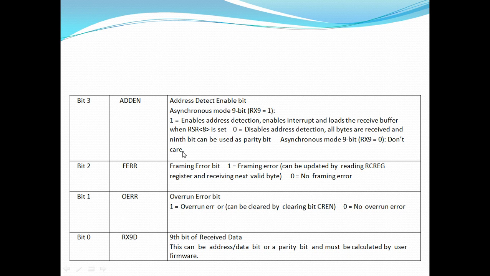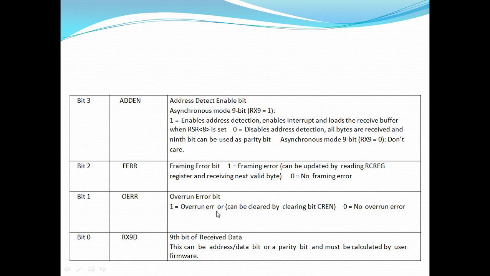Next, the framing error bit. This is used for finding errors in the data reception. If this particular bit is 1, that means a framing error is there. If this particular bit is 0, that means no framing error is there. Same way the overrun error bit. If this bit is set to 1, then an overrun error occurred.